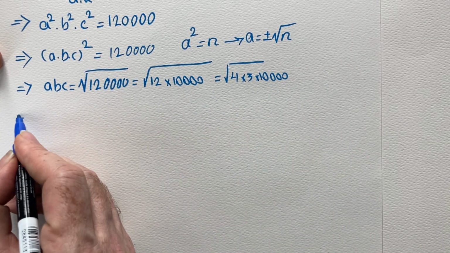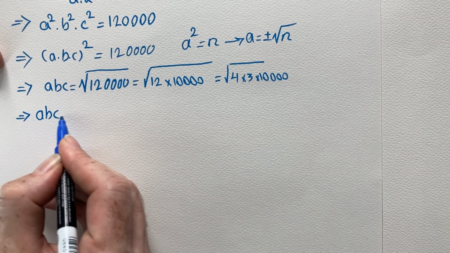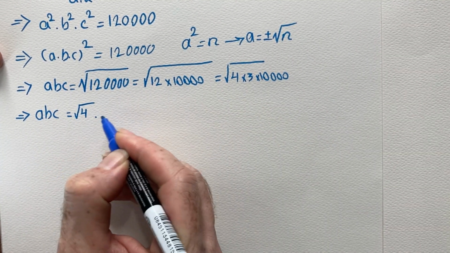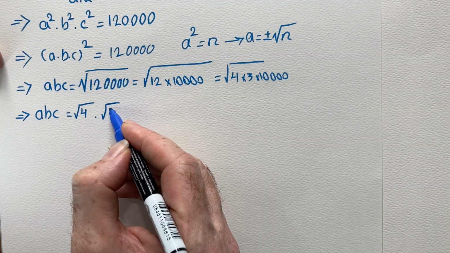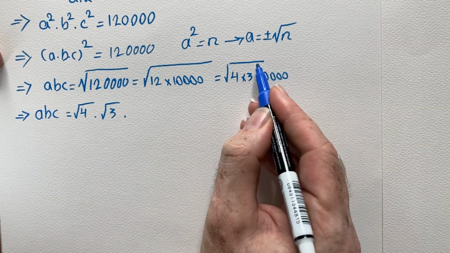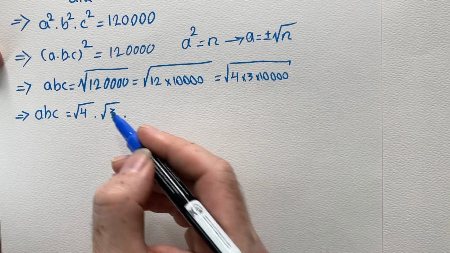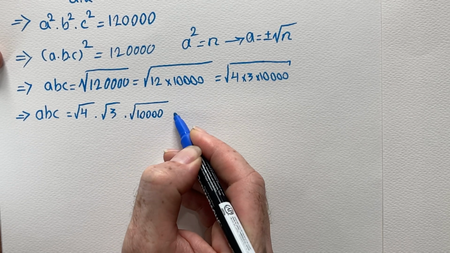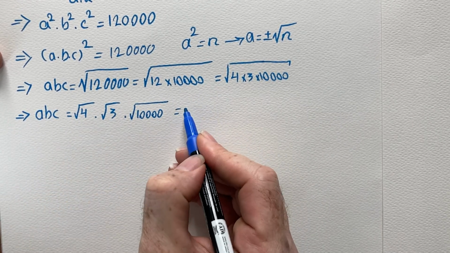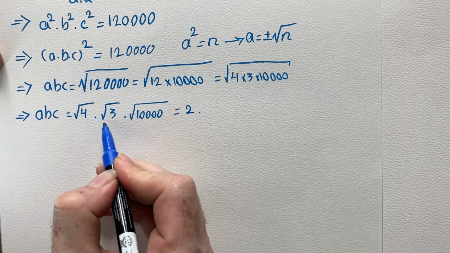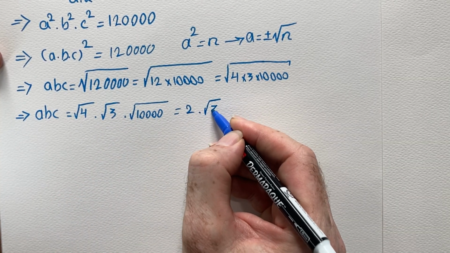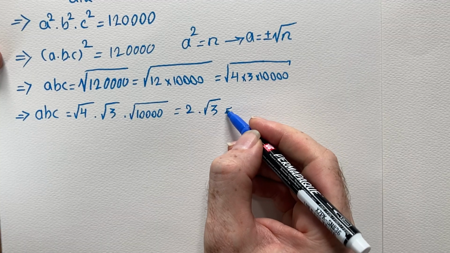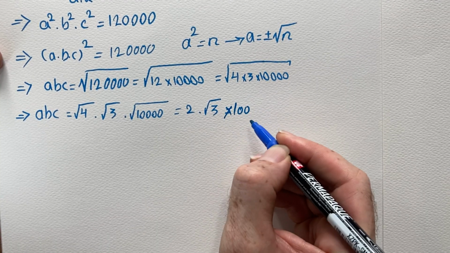So the value of a, b, c is going to be second root of 4 times second root of 3 times second root of 10,000. What is the second root of 4? Absolutely 2. I write this second root of 3, and as you know, second root of 10,000 is 100.